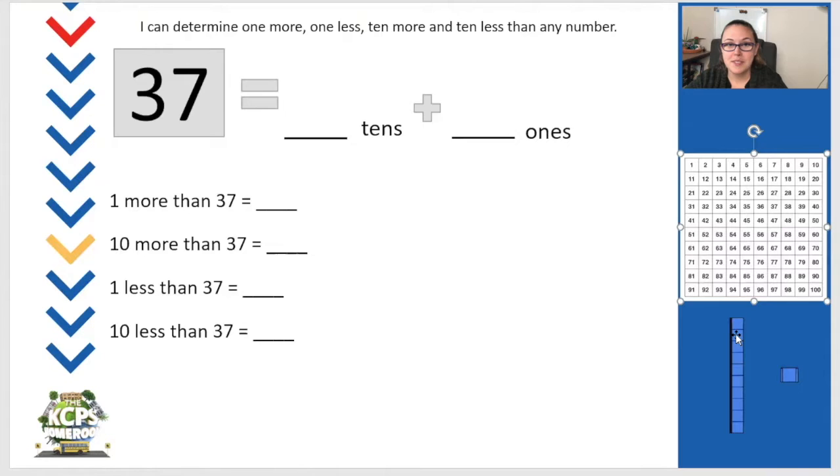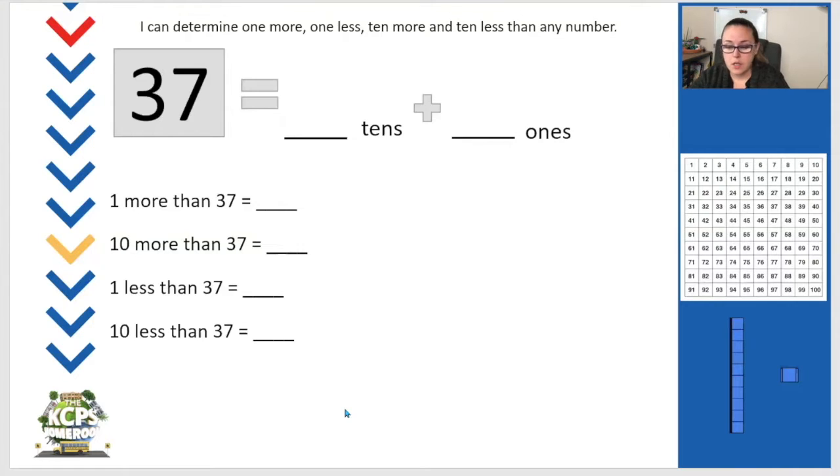And we'll also be using base 10 blocks. So here's a tens rod, and here's a ones square in this case. So the first thing we are going to do is talk about the number that you see on your screen in the gray box. And the first number that we're going to start with today is the number 37.